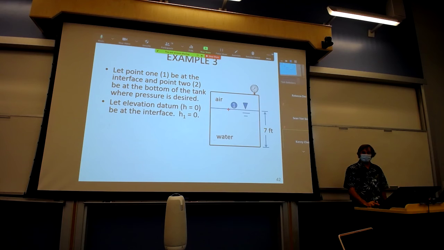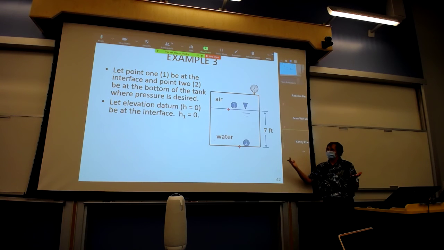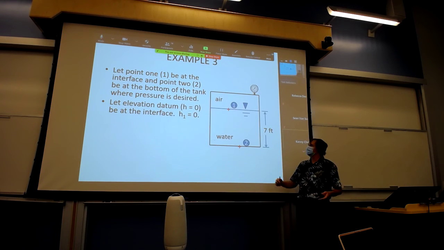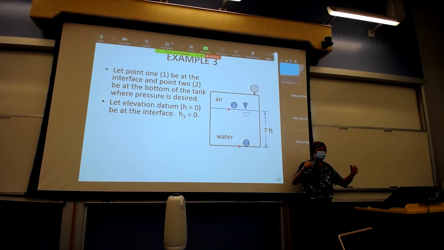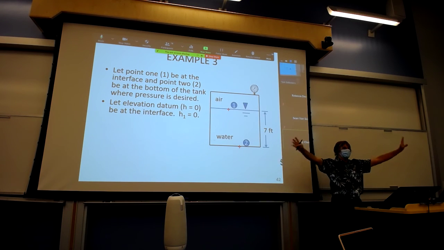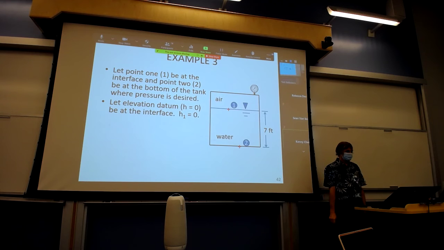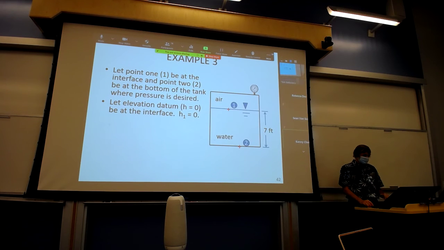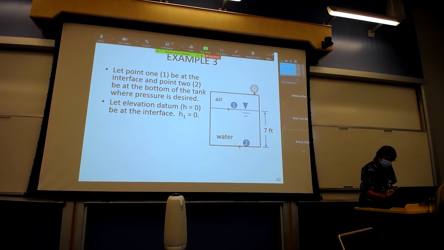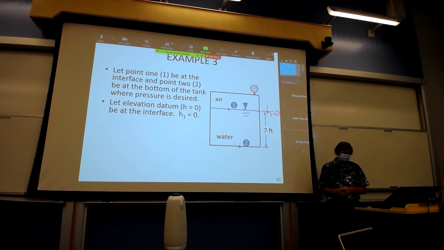And if we want to know the pressure at the bottom of the tank, we're going to locate point 2 down there. And again, if you call point 2 at the interface and point 1 at the bottom, that will not change the answer. The other thing we're going to do is, at the interface, we're going to say the elevation datum, H, is equal to 0 meters in this case. Always put units next to your numbers.